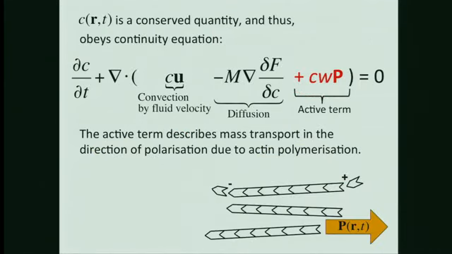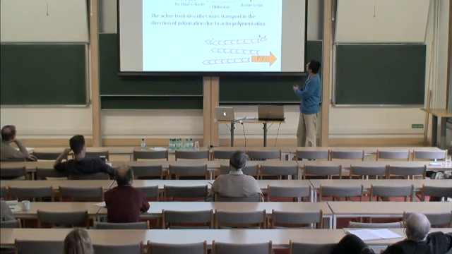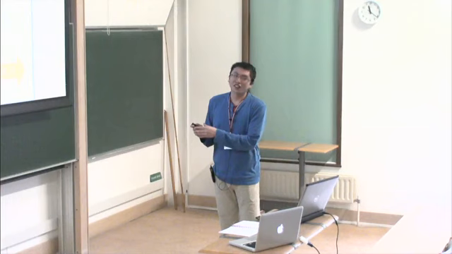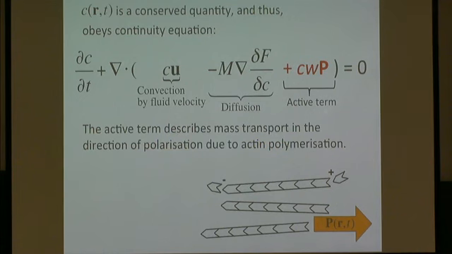And then the equation of motion: because C is a conserved variable, it obeys the continuity equation. So you have dC/dt plus divergence of current. You have the convection current and then diffusion. And the new thing is this active term, which is a current due to the polymerization. So this creates an additional mass transport in the direction of polarization.